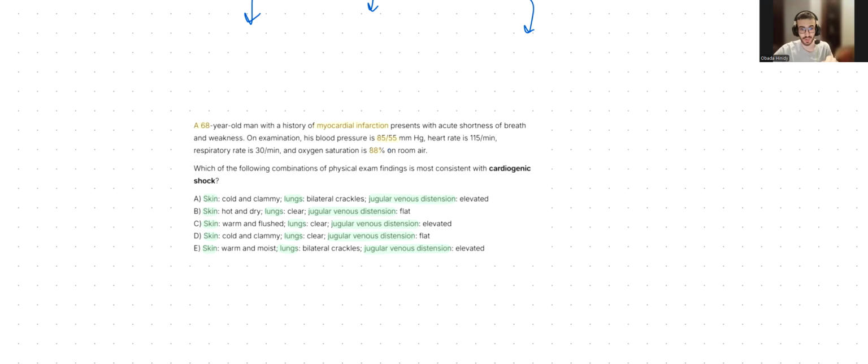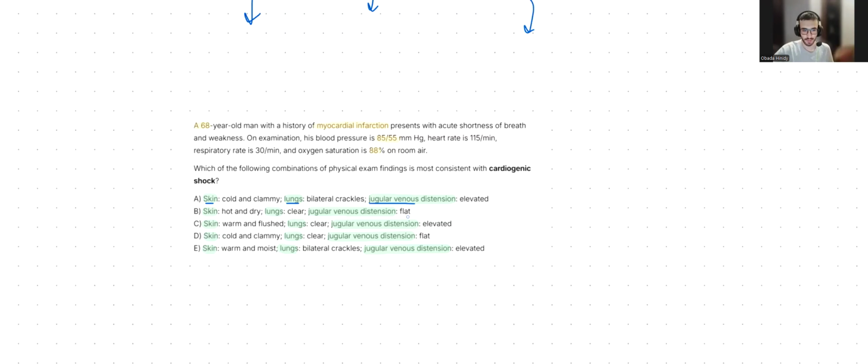And his heart rate is very high, tachycardia, respiratory rate is 30, tachypnea. His body is trying to compensate for that hypotension, okay? He's trying to compensate to raise that blood pressure back to normal. And his O2 saturation is also on the lower side. So the question is asking about the physical exam findings, especially in the skin and in the lungs and the jugular veins, right?